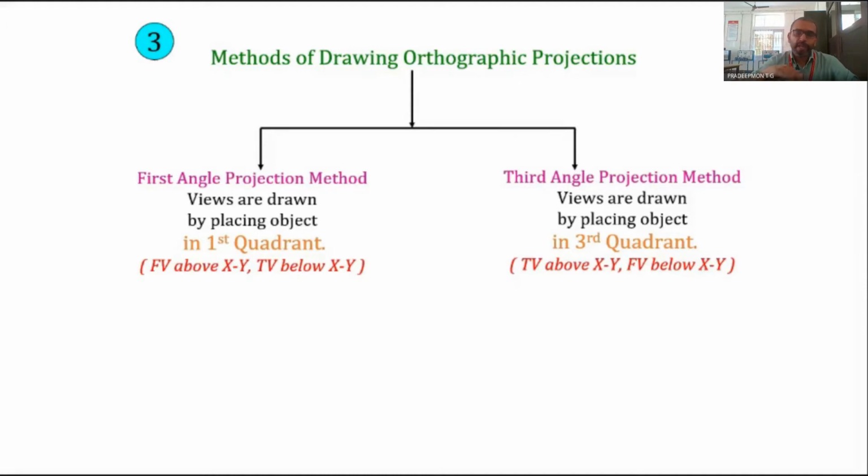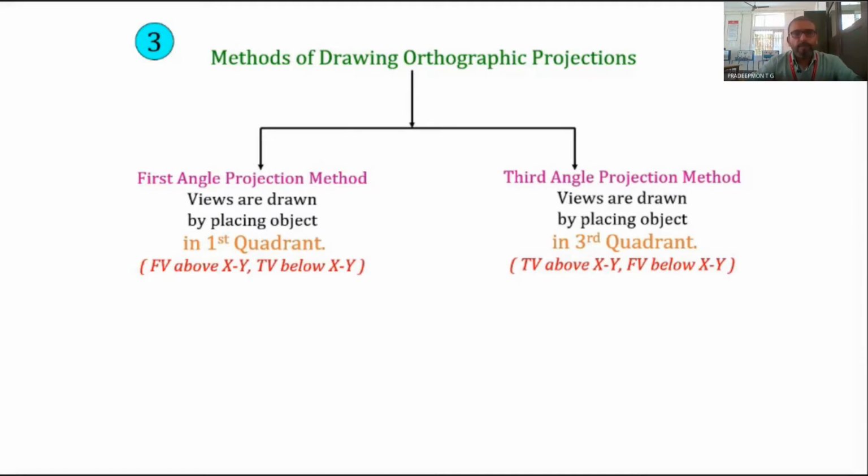And in front of VP means the top view is below the XY line. We obtain the top view in the horizontal plane, and when we rotate it 90 degrees clockwise, from this side, if I look, it comes like this. So it will be below the XY line.